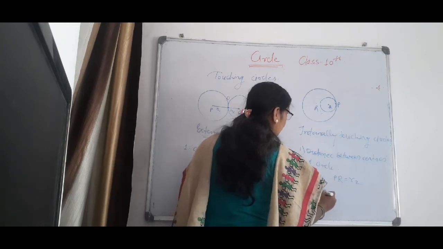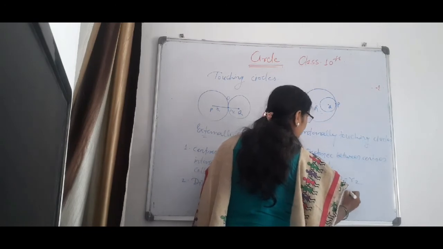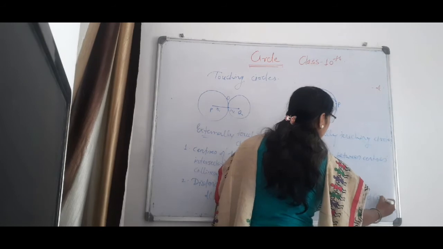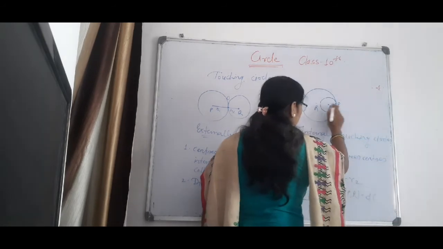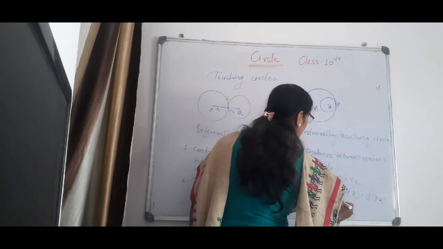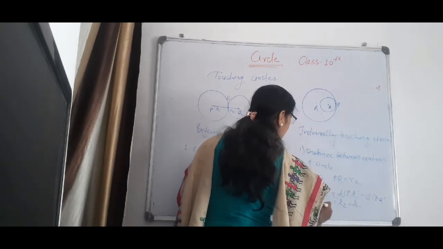If PQ is r1 and PR is r2, then distance QR, that is the distance between their centers, is equal to PR minus PQ, means r2 minus r1.